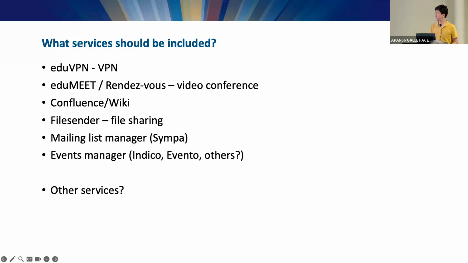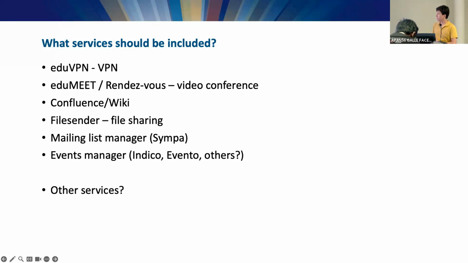This is a list of 6 services, so I would talk not about killer apps, but about a killer 6-pack. But yeah, in all fairness, there is no killer app that will attract all of your universities and research institutions. But maybe if you can offer a package, then it becomes more interesting.